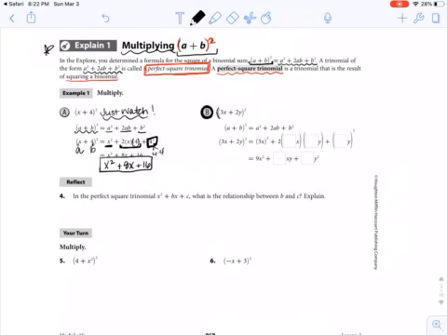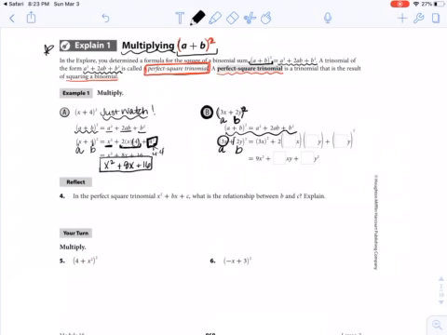And so we have 3x plus 2y squared. Okay, so the first thing I'm going to do is I'm going to say this is my a term and this is my b term, if we're looking at our formula here. And so I know I'm going to have a and I'm going to have b. So a is going to be 3x. It's not just going to be 3 and it's not just going to be x, but it's going to be 3x.